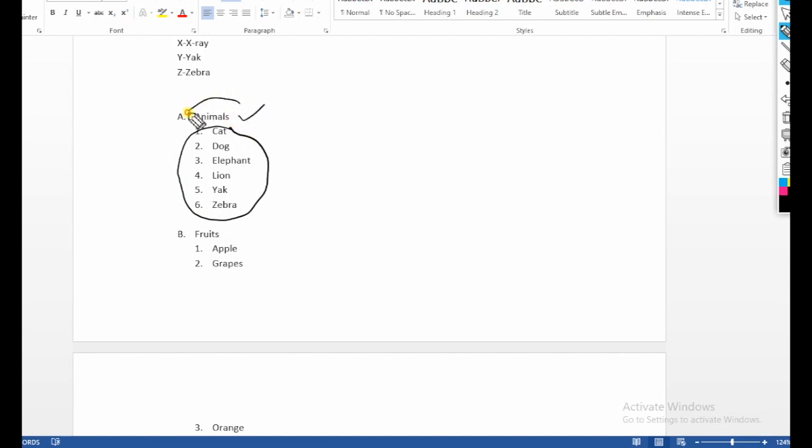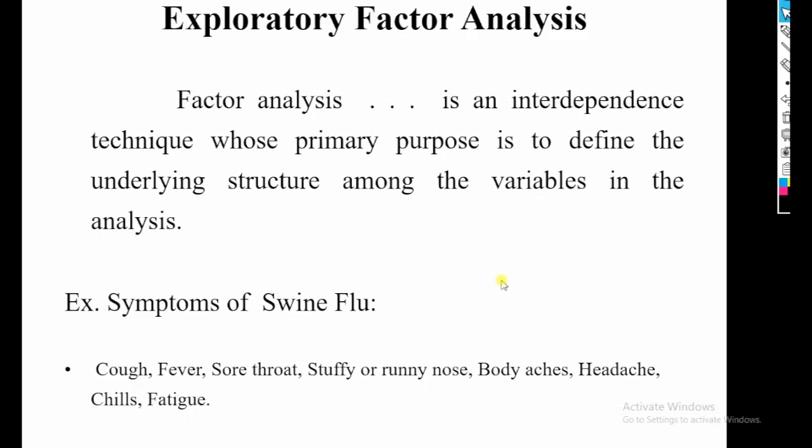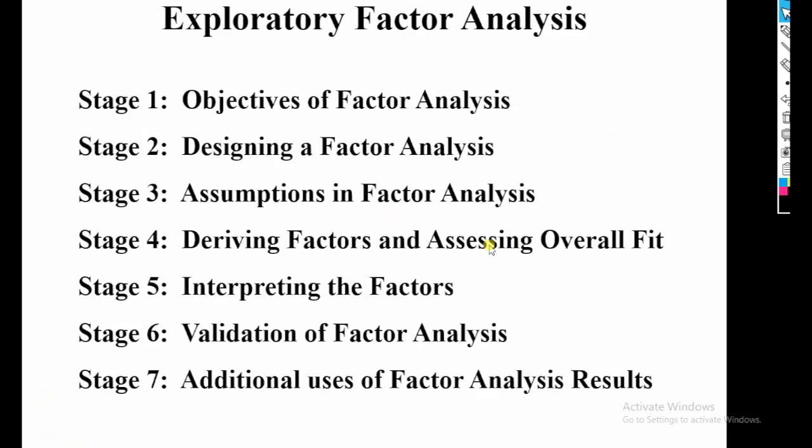Animals is the latent one, and these items we can directly observe. Through exploratory factor analysis, we club the same nature of items into one and then give the name. The definition of exploratory factor analysis: it is an interdependence technique whose primary purpose is to define the underlying structure among the variables in the data.